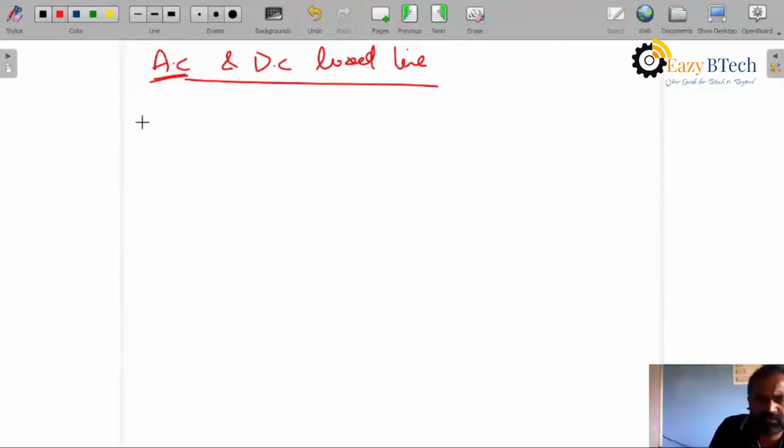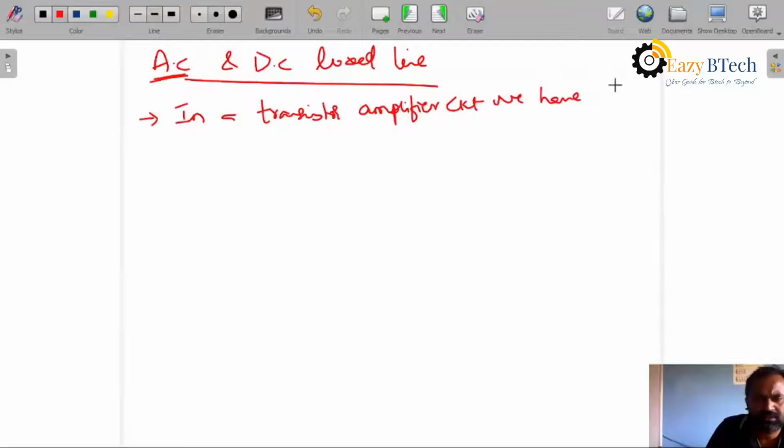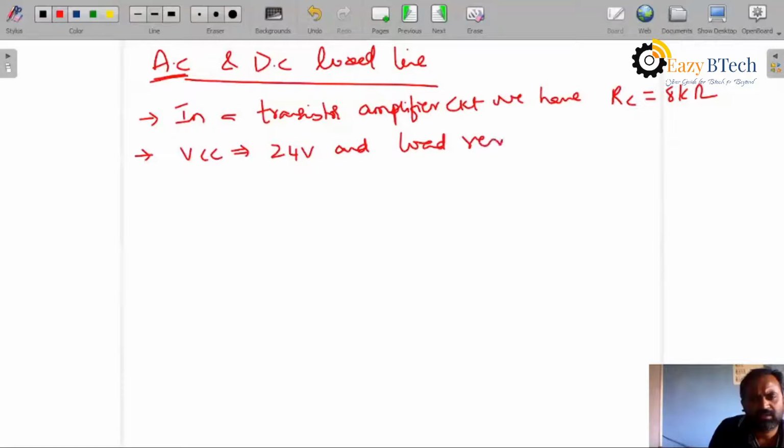You can see in a transistor amplifier circuit, RC is 8 kilo ohm, VCC is 24 volts and the load resistance RL is equal to 24 kilo ohm.